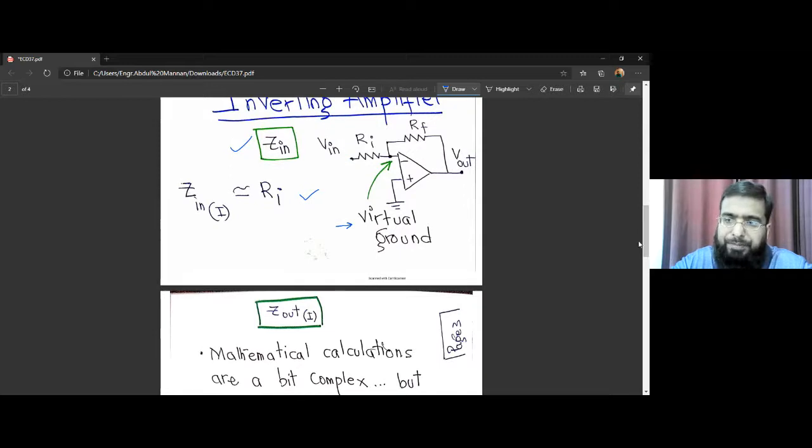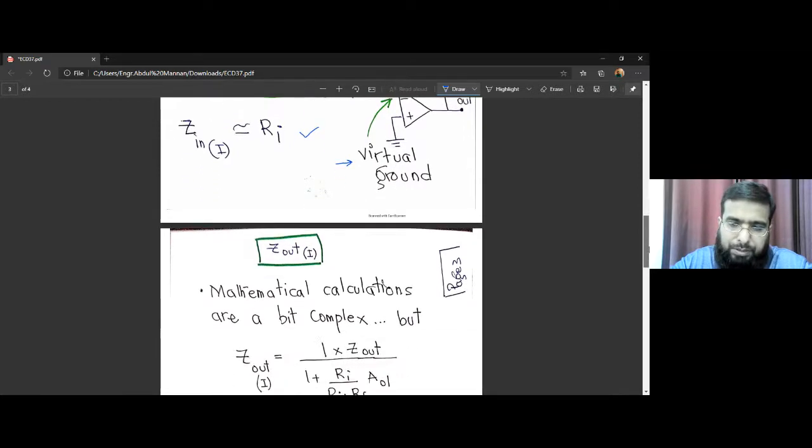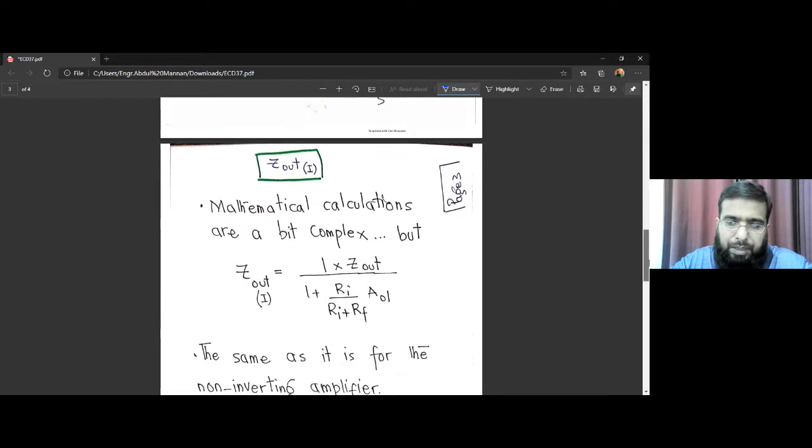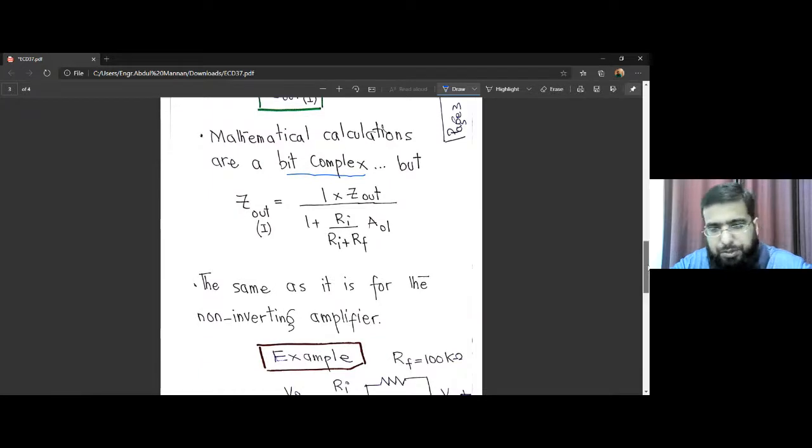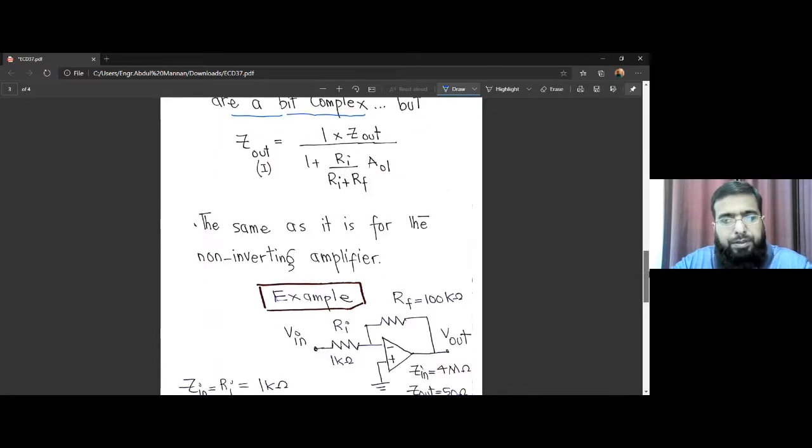We will not discuss the derivation here, but after a bit complex derivation we reach the same Z-out that we reached in the case of the non-inverting amplifier. So Z-out for the inverting amplifier is the same as the Z-out we studied for the non-inverting amplifier.